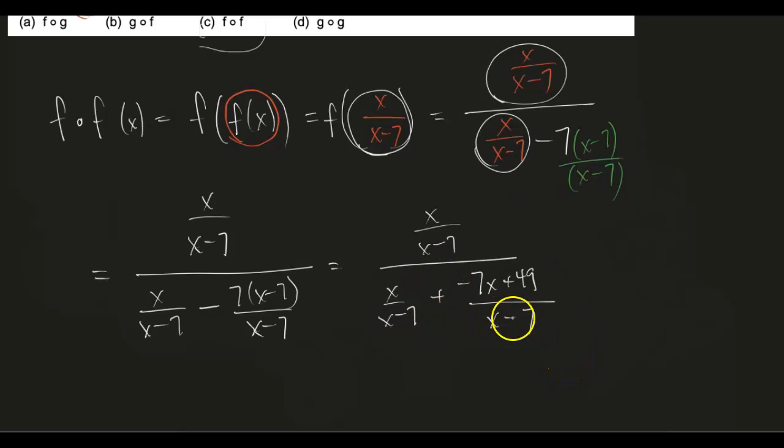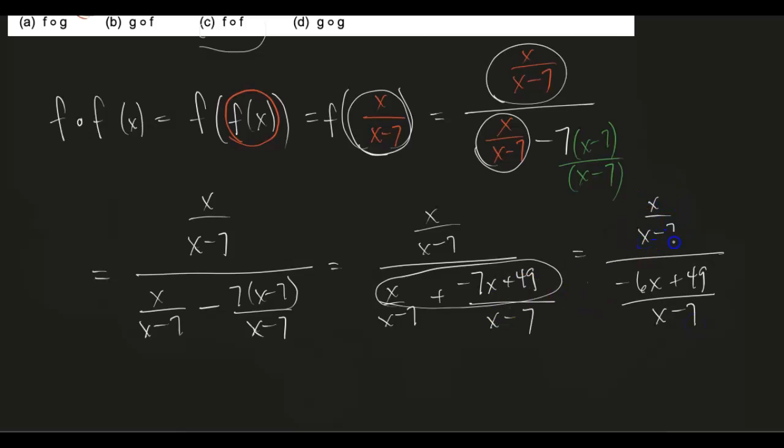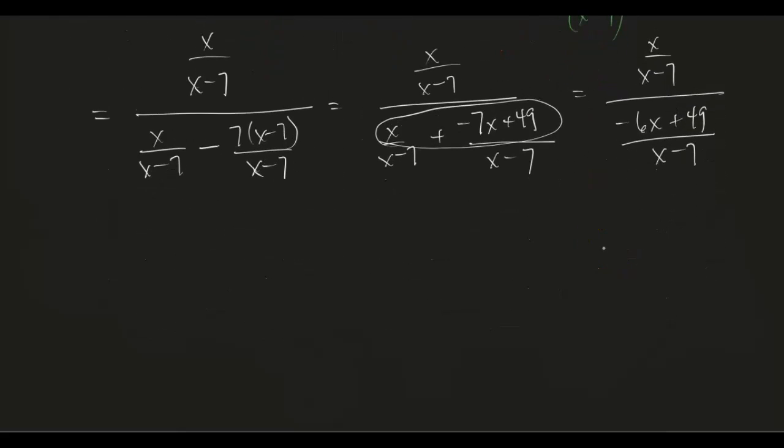Now that these two denominators are the same, I can combine their numerators by adding them together, and we get negative 6x plus 49 over x minus 7 in the denominator, and I'm just going to bring over that same numerator as before. Okay, so I need to move up some more for some more space.